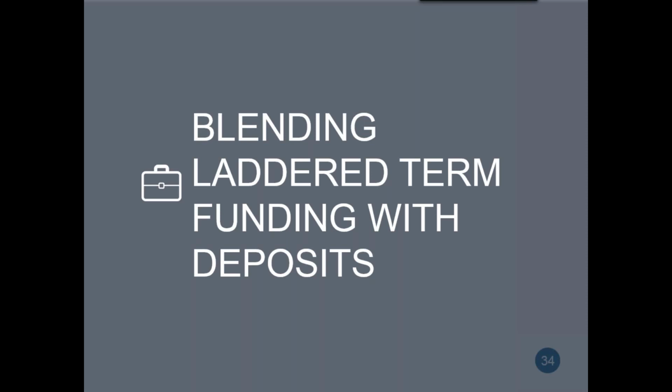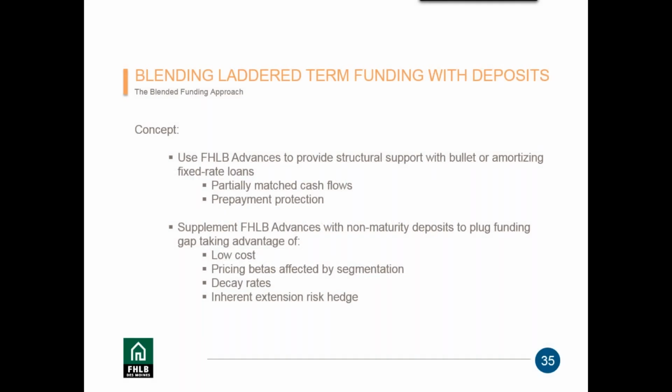Or, for that matter, you can match fund a single loan or a portfolio of loans. We see many members regularly review blended funding output with their loan, credit, and ALCO committees, and we can help you with some of that output. Simple. The blended funding concept involves using term advances that can either be bullet or amortizing structures and supplementing them with low-cost, admittedly duration-uncertain deposits.